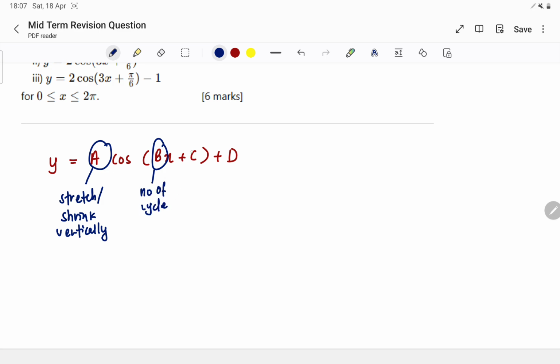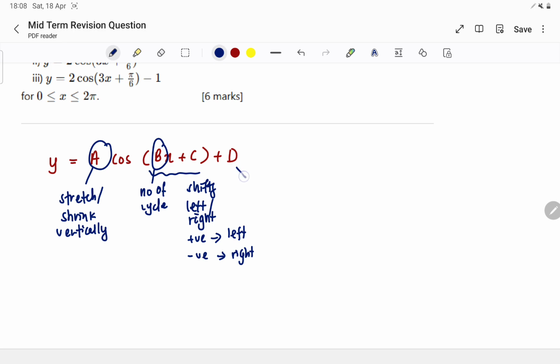And then from c, or from this angle inside cos, you actually can see the shifting, to the left or right. If the value of c here is positive, then it will shift to the left. If the value of c is negative, then it will shift to the right.